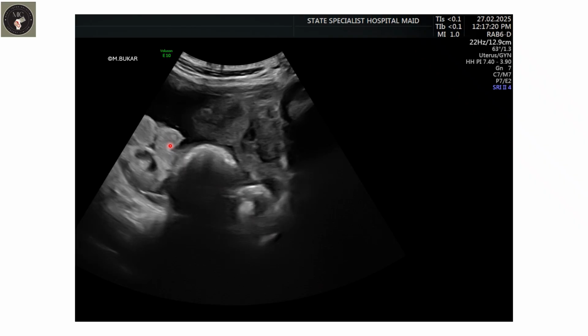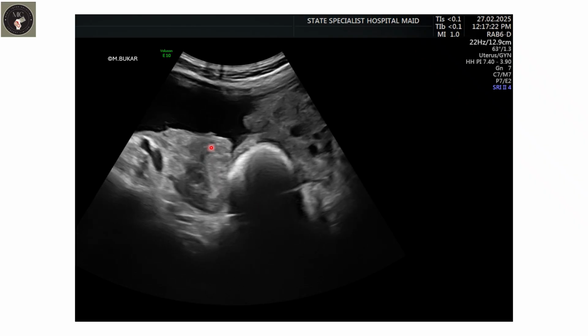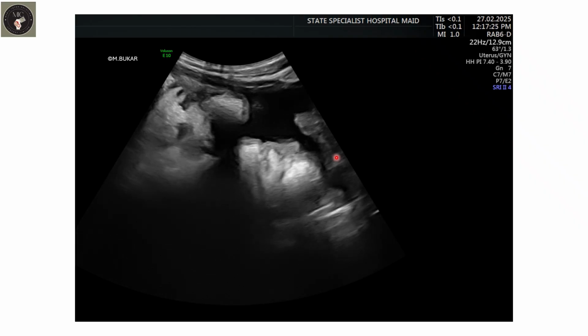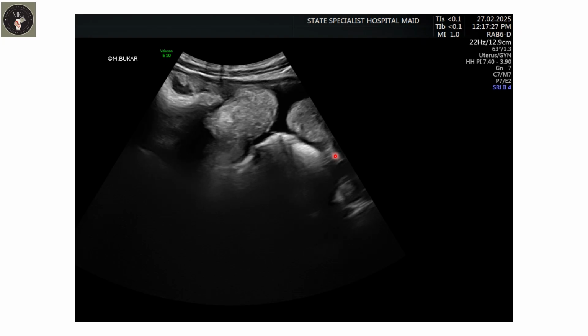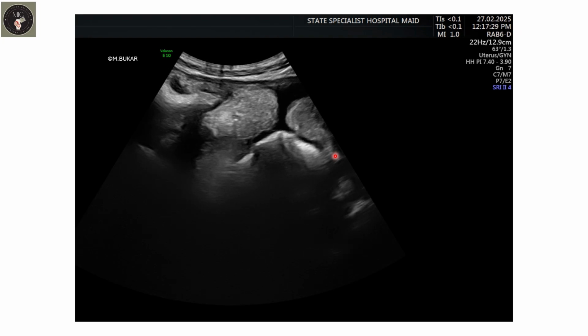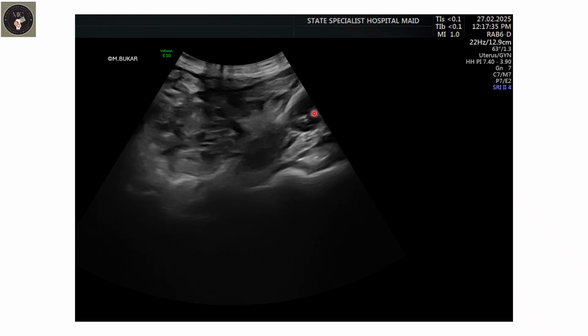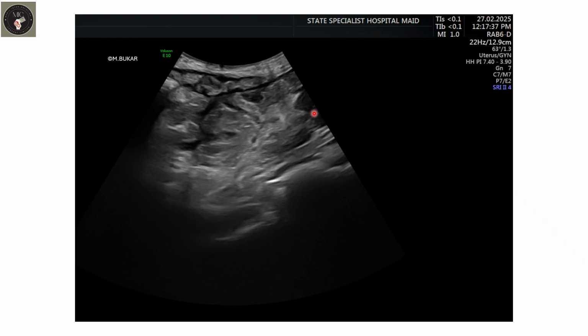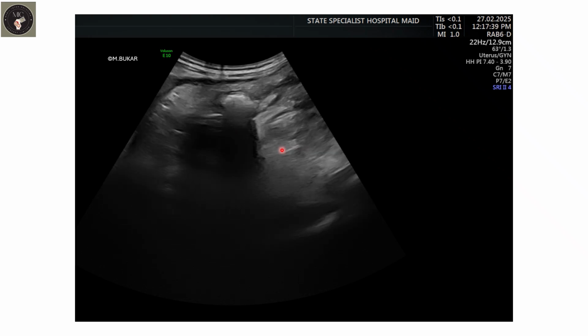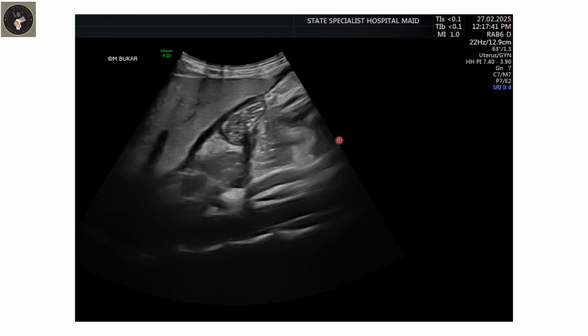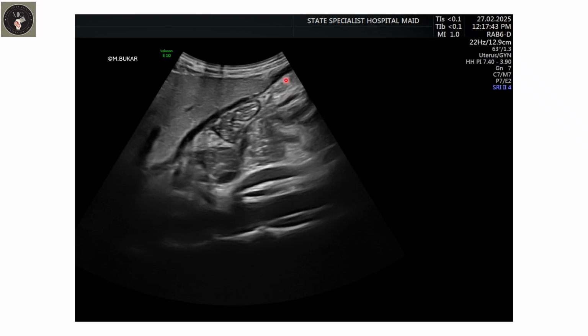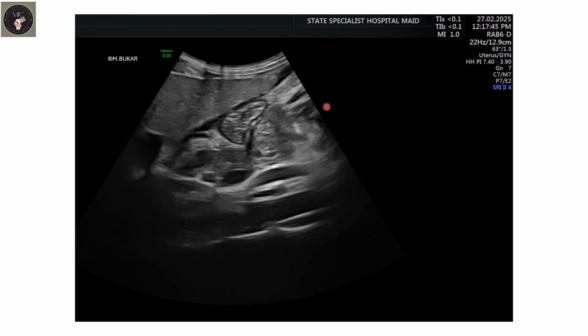The tube there. Note the peritoneal thickening. This one looks like hyperperistalsis here in some parts of the bowel, the liver, ascites.